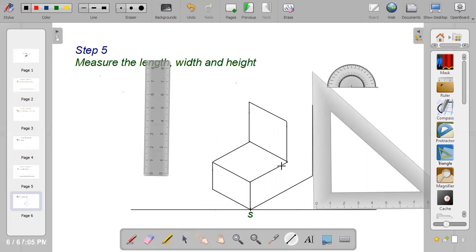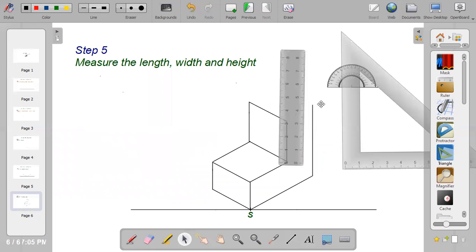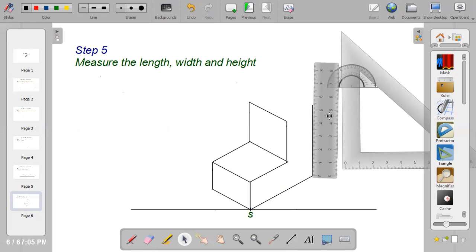Bring out your ruler to be sure you have 50 mm, because the total height of the drawing of the block is 50 mm. So I have more than 50 mm. I'll bring out my eraser, clean the remaining parts.